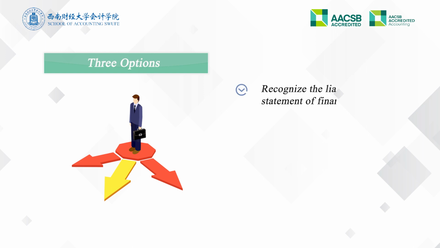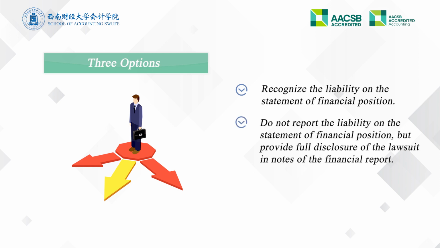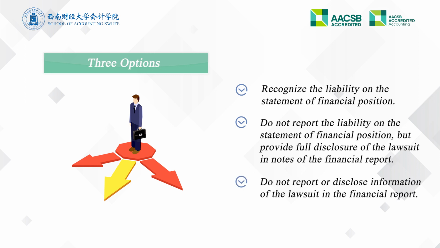Option 1. Recognize the liability on the statement of financial position. Option 2. Do not report the liability on the statement of financial position, but provide full disclosure of the lawsuit in notes of the financial report. Option 3. Do not report or disclose information of the lawsuit in the financial report.